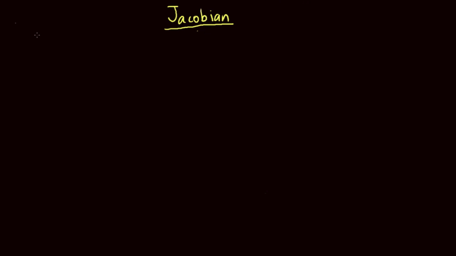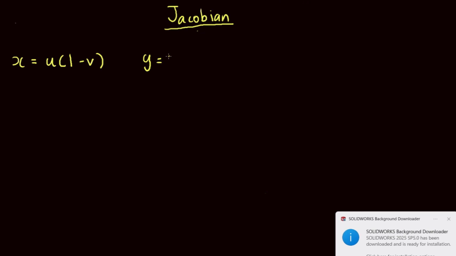We're given a case where x can be expressed in terms of u 1 minus v, and y can be expressed in terms of uv.